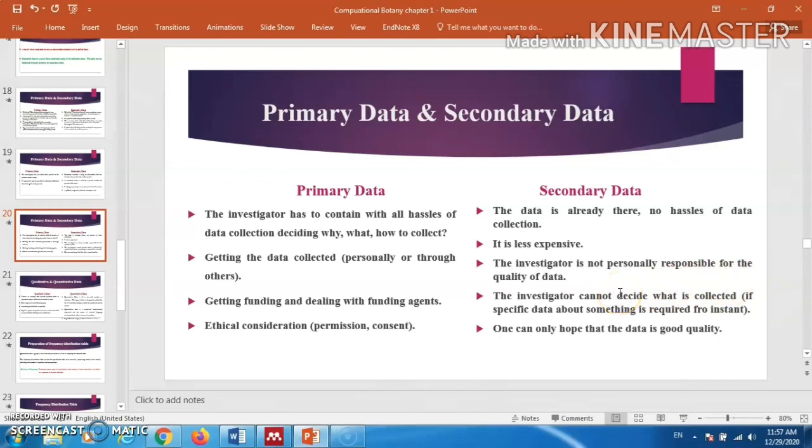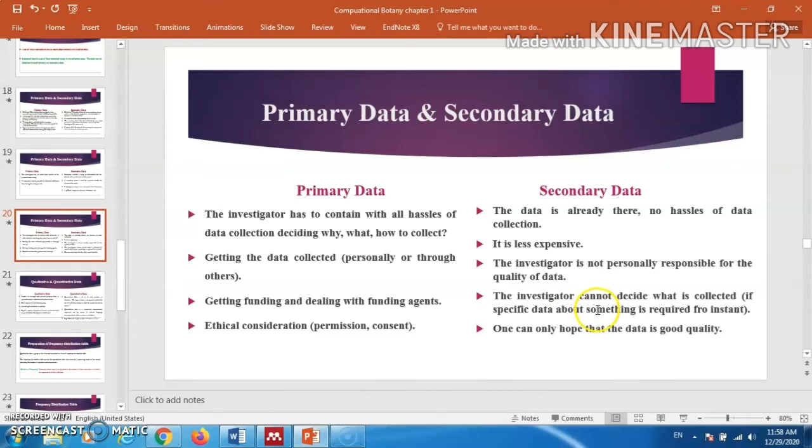In case of secondary data, you have to give credit to that particular author for their data. If you do not do so, then it is called unethical in the field of research.